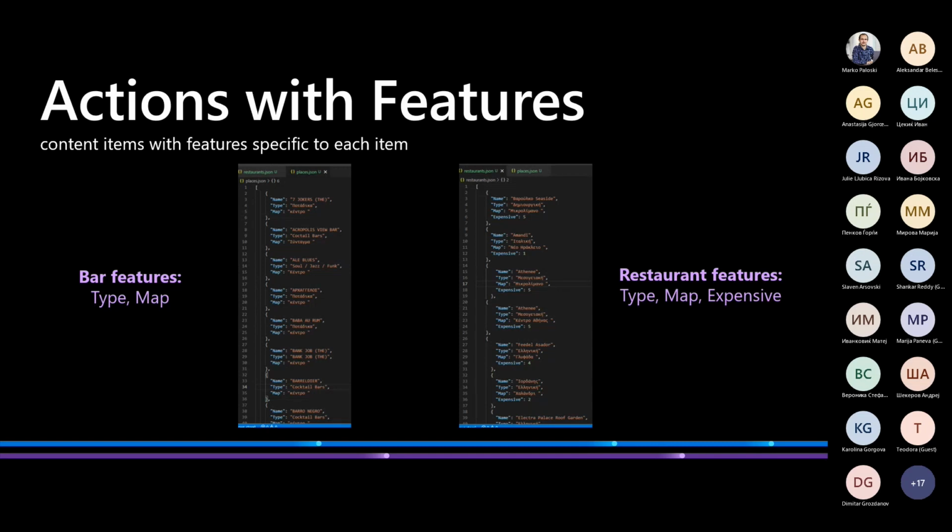In our project, we have two different kinds of actions, items. We have bars and we have restaurants for a night out in Athens. We get that data with very simple web scraping from different kinds of websites, like travel websites and so on.